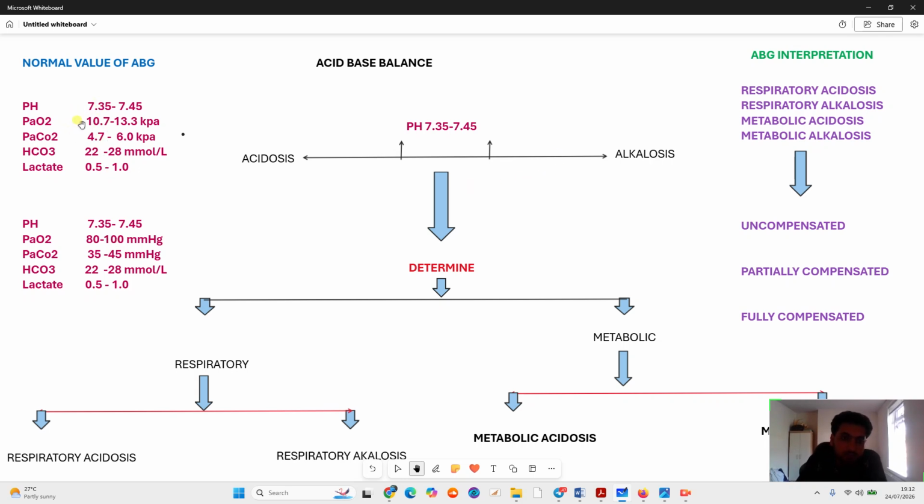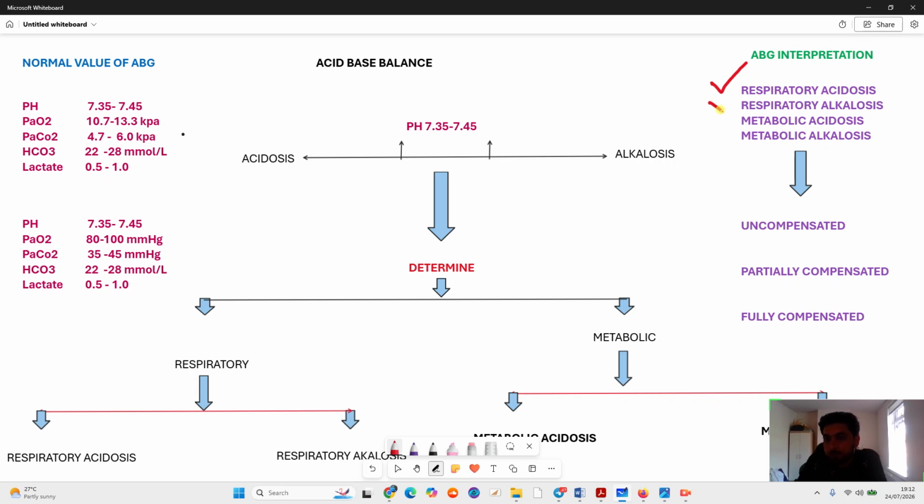Now, if any abnormality happens in these parameters, four conditions might happen in our body. What are these four conditions? Maybe the patient faces respiratory acidosis.